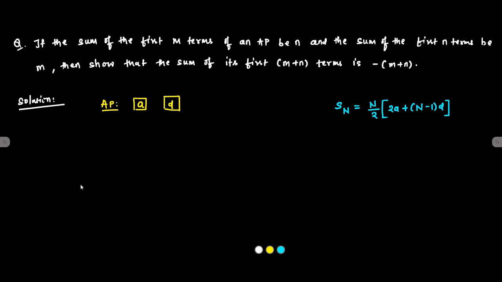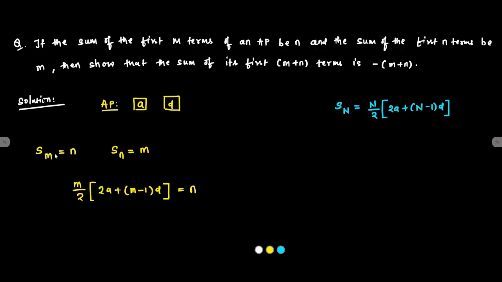So here it is given that the sum of the first m terms of this AP is equal to n, and the sum of the first n terms is equal to m. So if we write it in a proper way using this formula, we have m by 2 into 2a plus m minus 1 into d is equal to n.